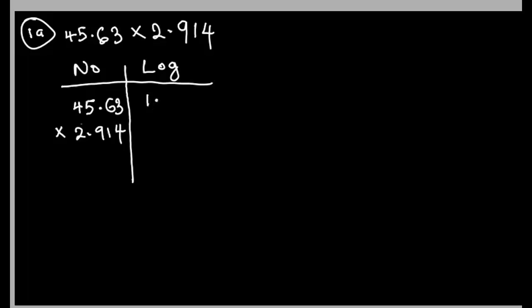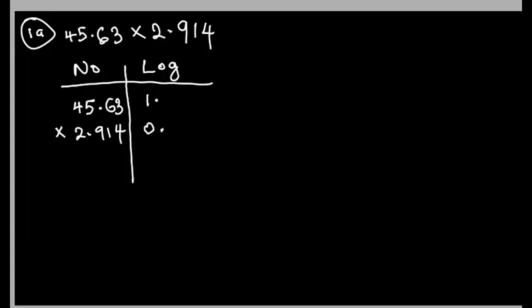Whenever you have the whole number, count the number of digits and subtract 1 from it. The same thing for 2.914. 2 is the whole number here, and 0.914 is the decimal part. The whole number 2 has only 1 digit, so I will do a minus 1, and it becomes 0 point.